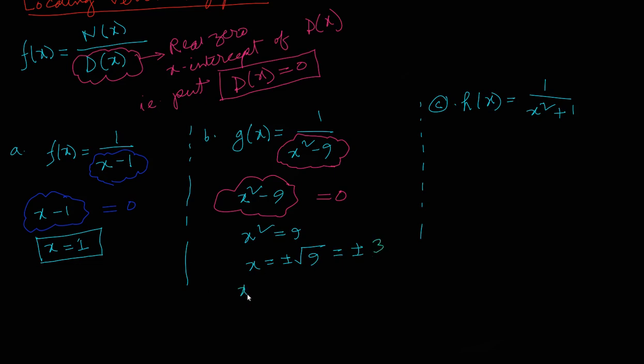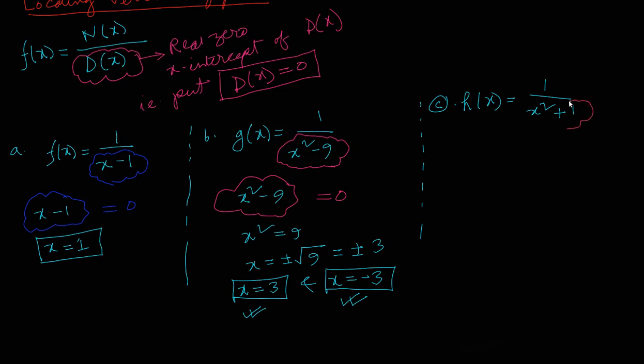So I have x equals 3, and I have x equals negative 3. So for this problem, I have two vertical asymptotes. One is a vertical line at x equals 3, another is a vertical line at x equals negative 3. So two asymptotes.